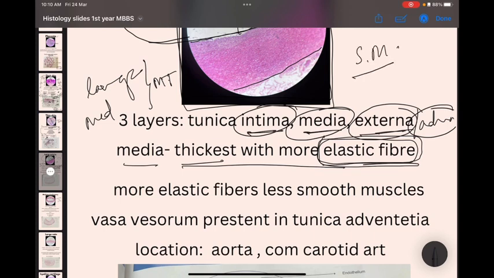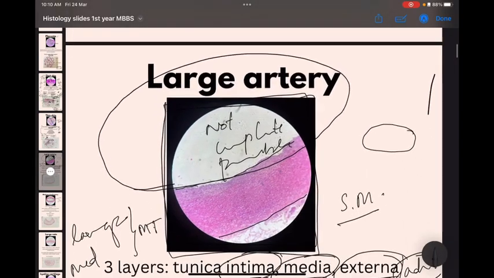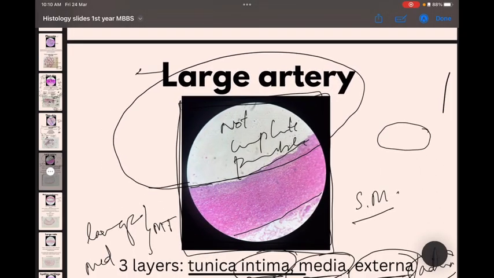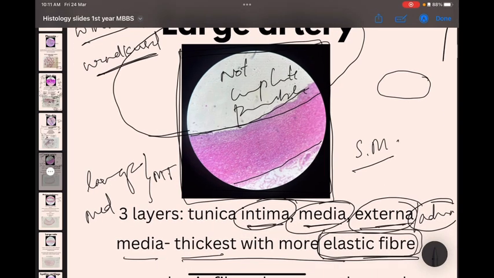Why? If you remember from physiology, the large arteries are also called as Windkessel vessels. Do you know about the Windkessel effect? For the Windkessel effect to be in action, there should be enough elasticity for the artery.